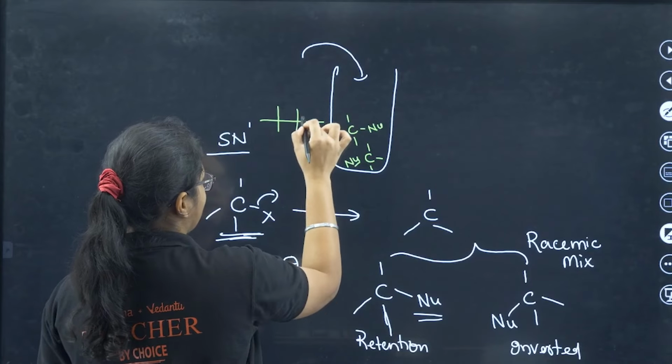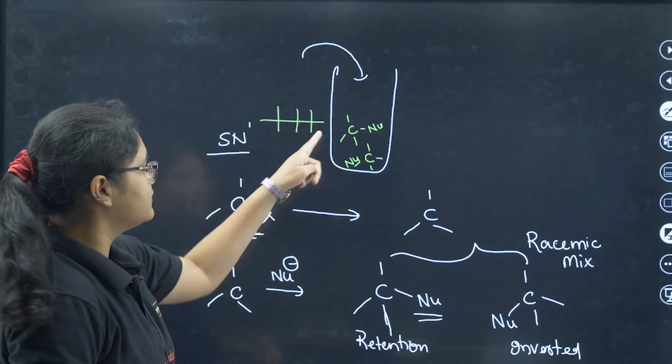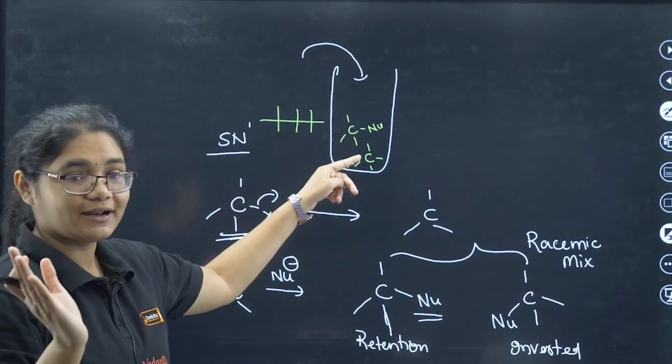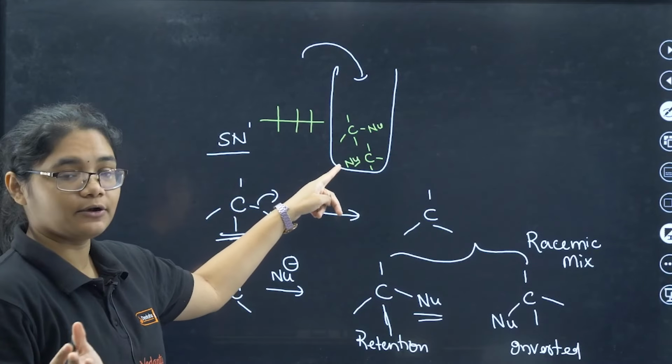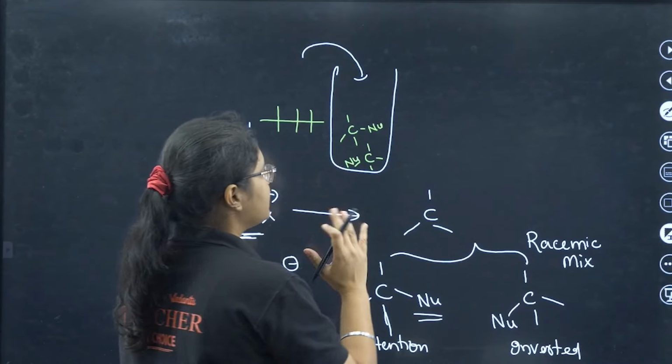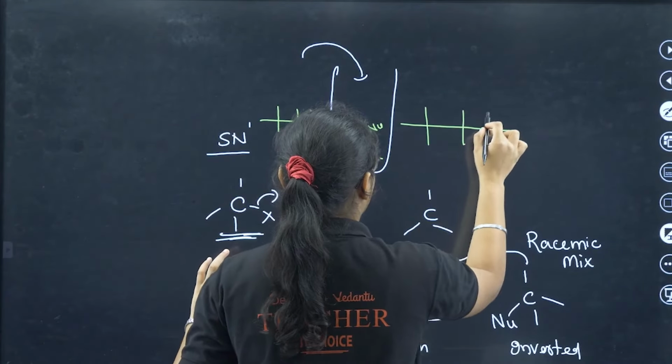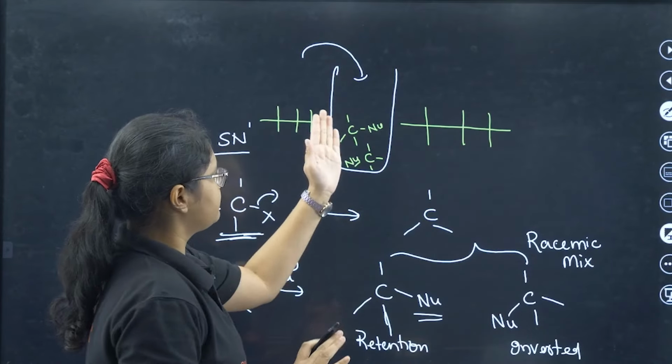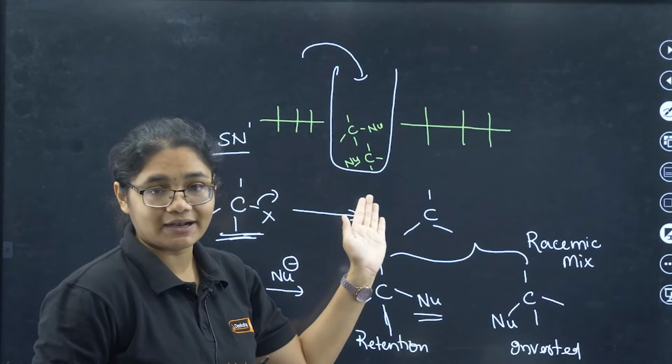Now when you pass the plane polarized light, this one will try to rotate the plane polarized light in clockwise direction, this one will try to rotate in anti-clockwise direction. So equal and opposite effects apply, so the light will pass as it is, because if it is rotating clockwise, the other is bringing it back to anti-clockwise, right?